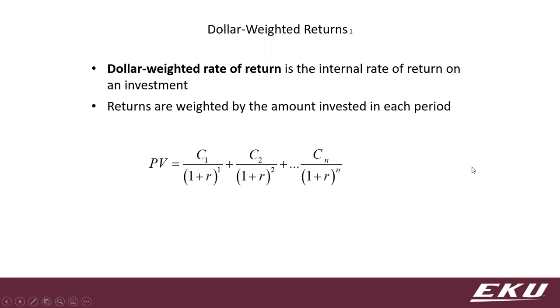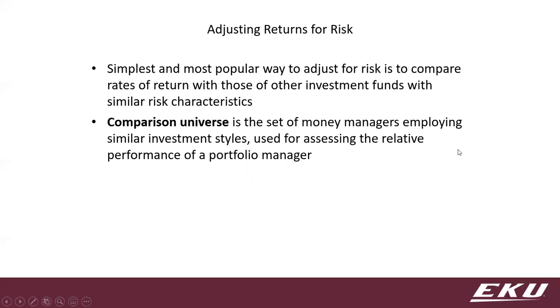A dollar weighted return is a bit different because what we're doing is we are looking at what the return on the investments are, given that we have different dollar amounts that we are putting in. So both of them have their own benefits and drawbacks. And some funds we evaluate one way or the other.